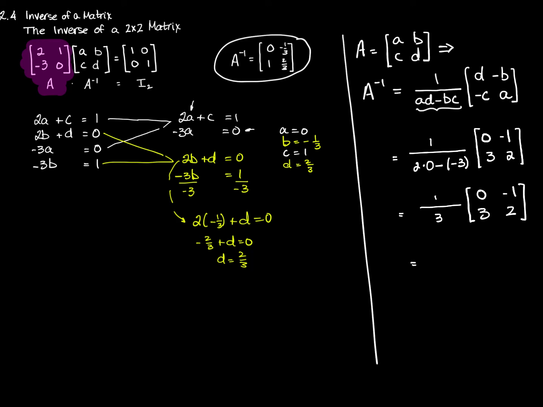And that gives me, this is just a scalar, so I'm going to have 0, -1/3, 3 over 3 is 1, and I get 2/3. So as you can see, that is the same matrix as I got by doing it the long way, if you will. I think with a 2x2 matrix, it's almost about the same amount of work between these two. Maybe this is slightly easier.